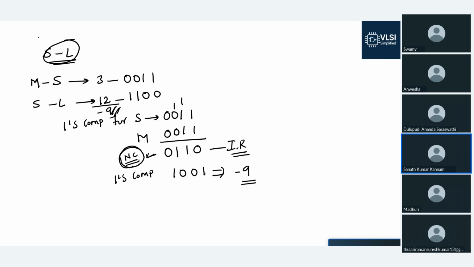So you can understand that you are doing smaller minus larger and getting a negative value. This is not my actual result. Again, you apply 1's complement so that you apply the negative sign. So this is about S minus L.